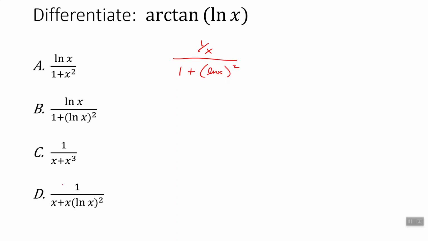Looks like there's some 1's on top, so maybe the x just moved down to the bottom with these guys. So if we bring the x down to the bottom, it'd be 1 over 1 times x, x times the ln of x squared, like that. And hey, look, there it is. That's answer choice D. So there's our boy there, answer choice D.